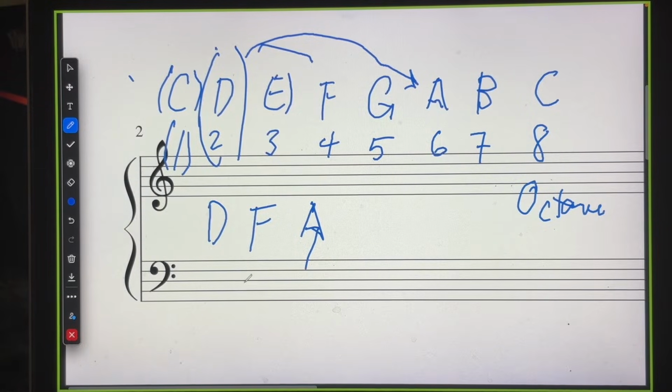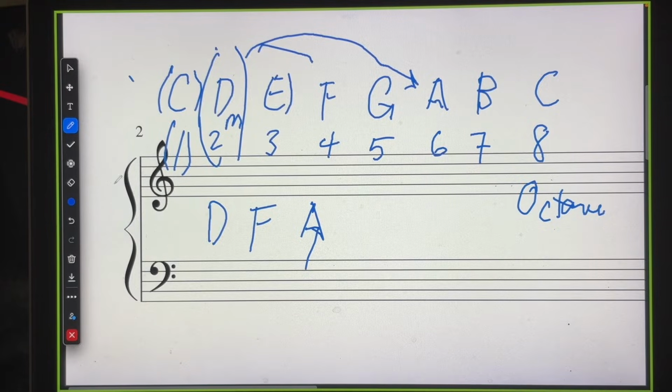Listen if it's happy or sad. Now it sounds sad, so that is a minor chord, D minor, okay?